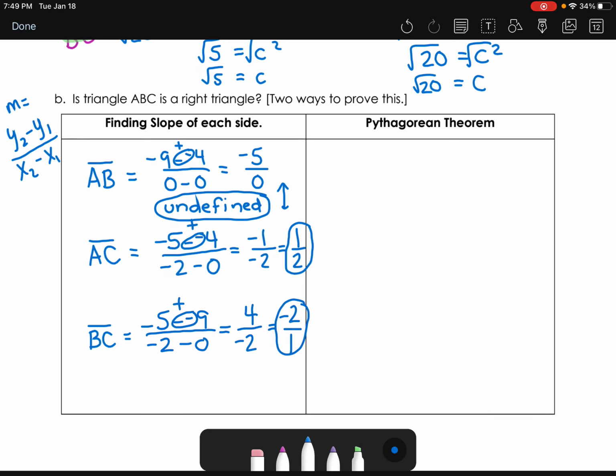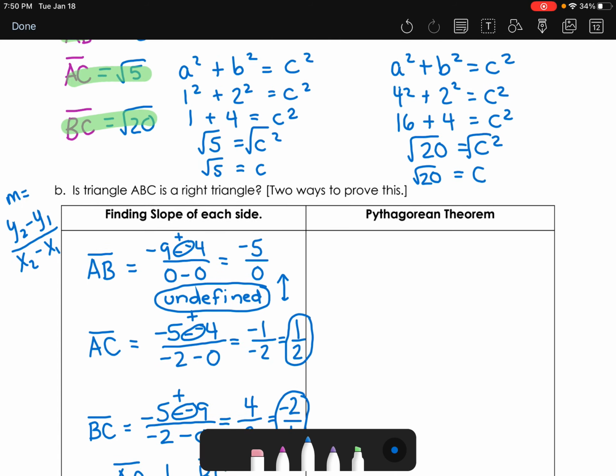And then if you change the sign, meaning 1/2's positive, the other one should be negative. I think that's what we have here. All right, so that means that AC is perpendicular to BC.